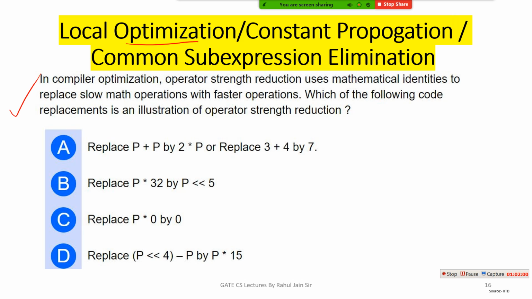Out of A, B, C, D, which of the following options is correct? I am giving you 2 minutes, guys, to answer this question. Just apply the knowledge which I have discussed in earlier slides.